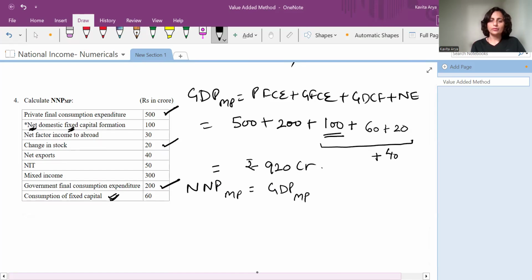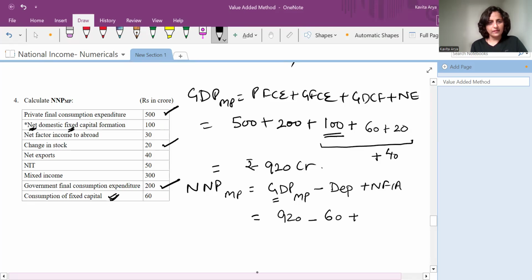So again, those three statements: from gross to net, I would subtract depreciation. From domestic to national, I would add NFIA. And MP remains the same. So my answer is GDP MP, 920, minus depreciation, as I told you, consumption of fixed capital, that is 60.